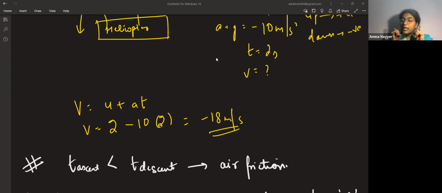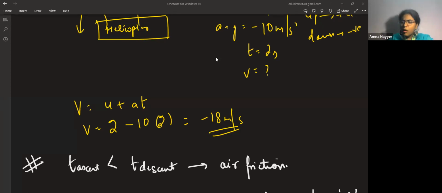The direction should always be the same. If my answer is coming downwards, his answer should also come downwards. If he has chosen downwards as positive or downwards as negative, that is not what will change your answer. If my answer is coming minus 18 meters per second, that means velocity is 18 meters per second downwards.